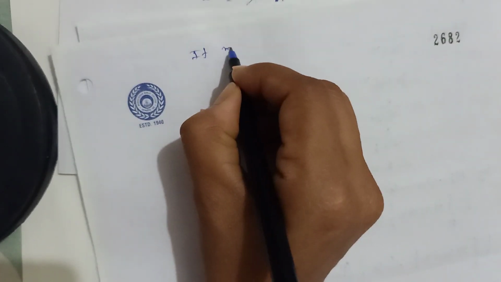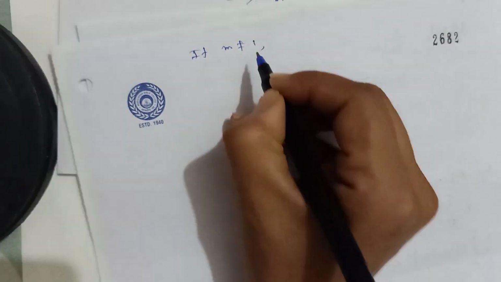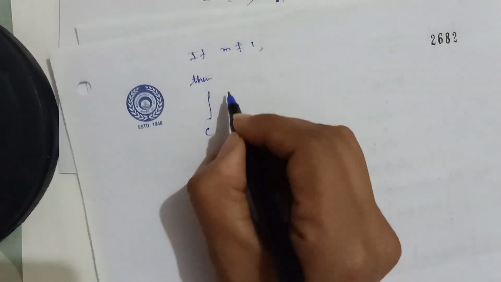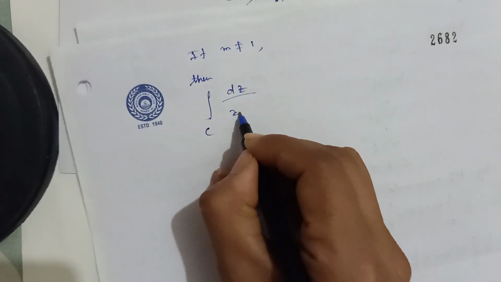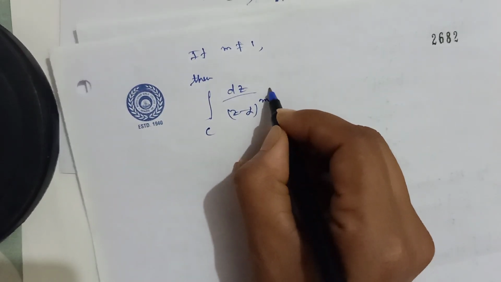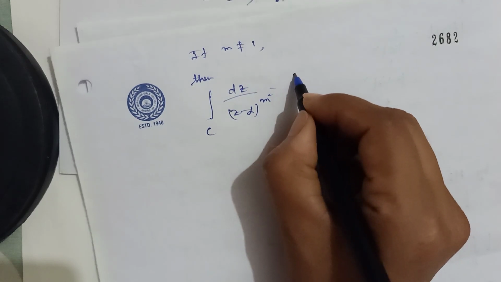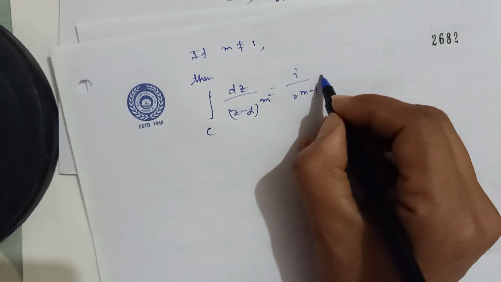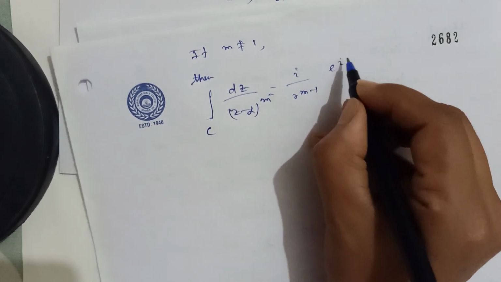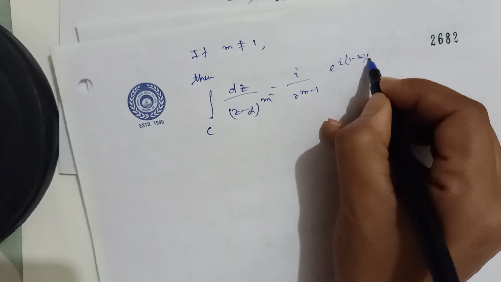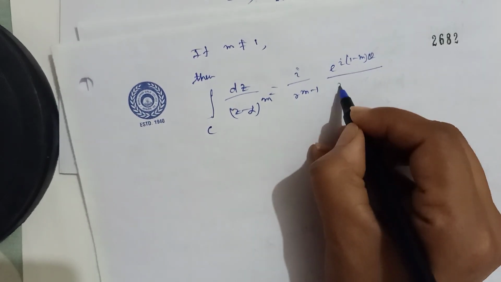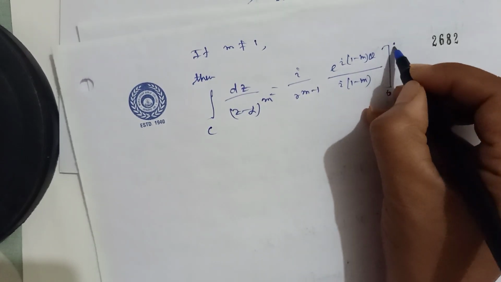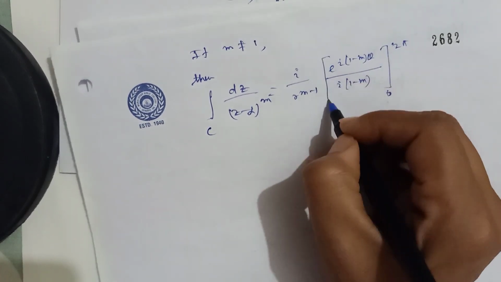And if m not equal to 1, then the integration over c of dz by (z minus alpha) whole to the power m is equal to i by r to the power m minus 1, times e to the power i(1 minus m) theta by i(1 minus m), with limits 0 to 2 pi.